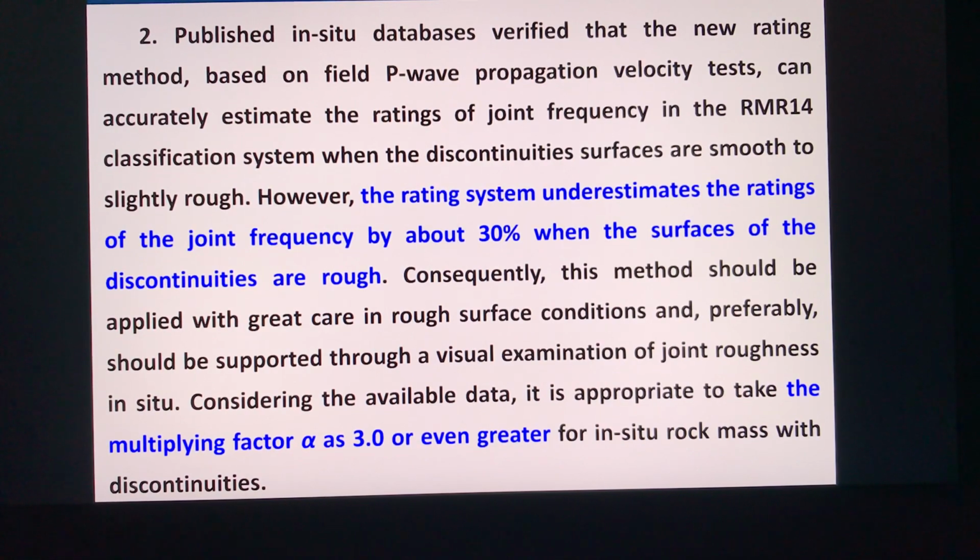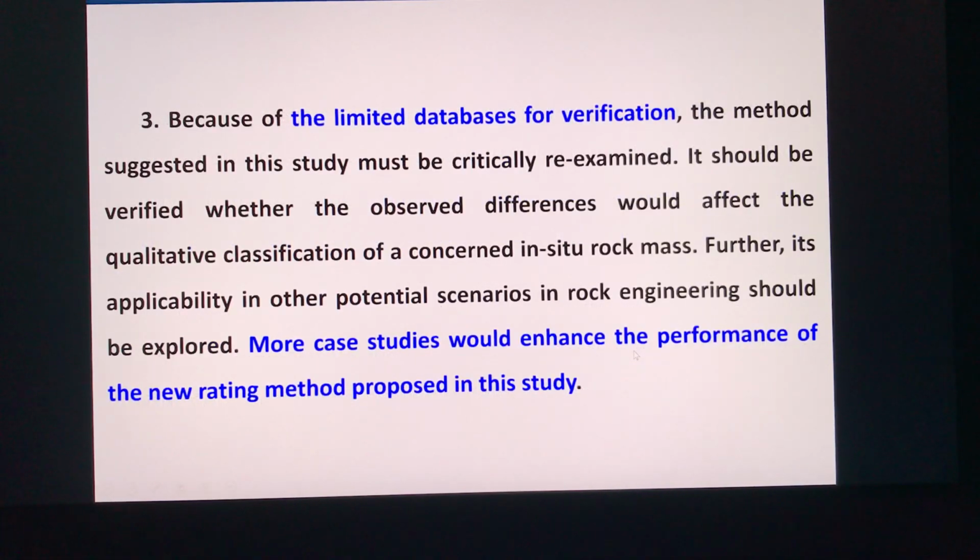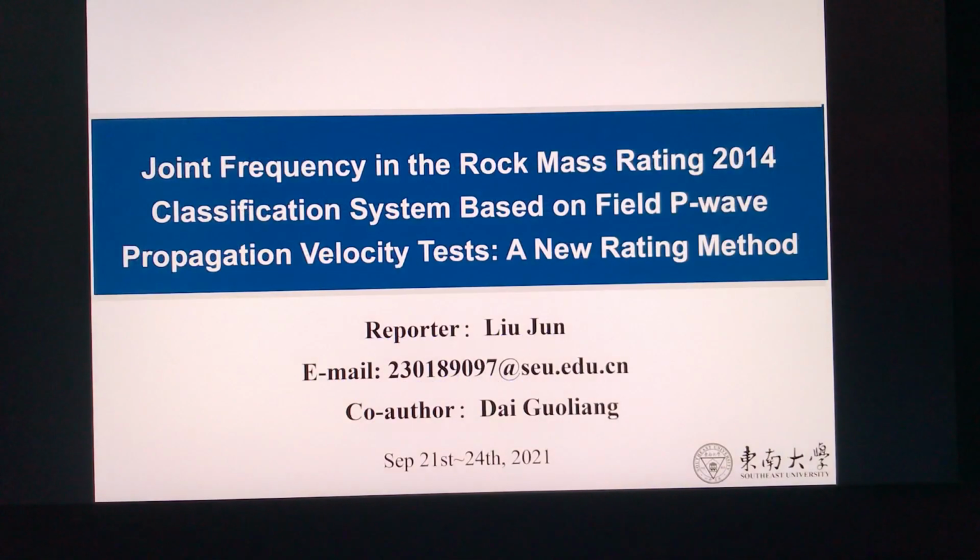In the future, we will elaborate on how to address this underestimation. Next, in the future we will conduct more field tests and collect more field data to enhance the performance of our method. Okay, thank you very much. That's all.